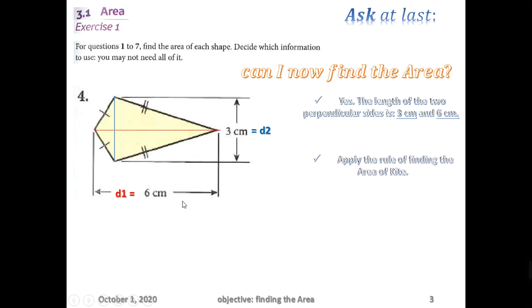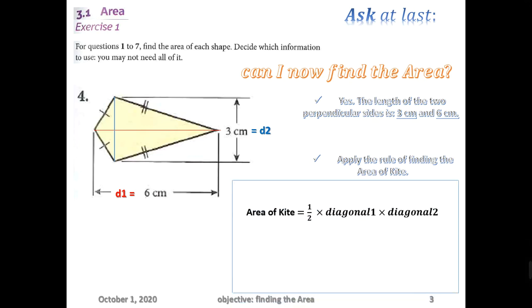The area of a kite is equal to half times the horizontal diagonal times the vertical diagonal. Or you can say half times diagonal 1 times diagonal 2. So that's how you write it.